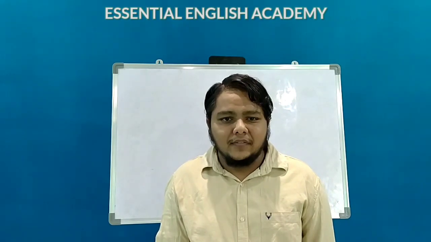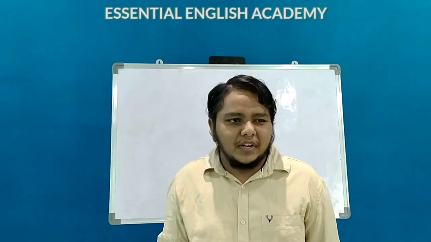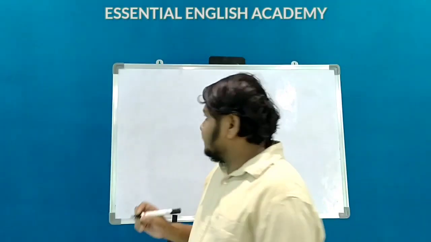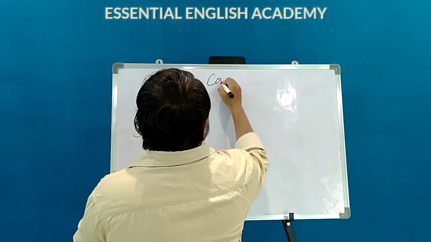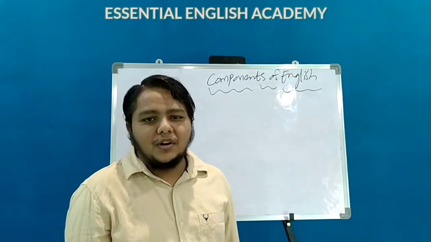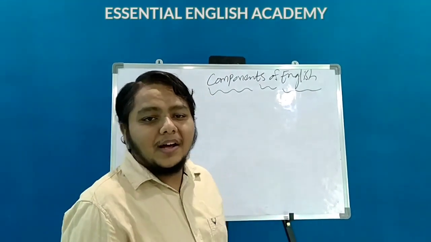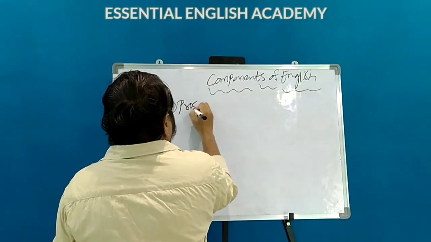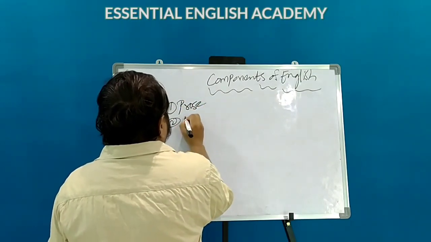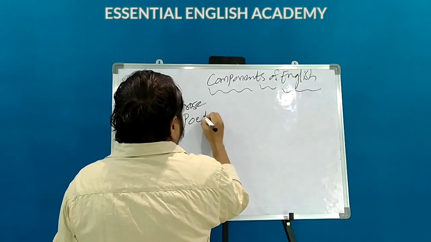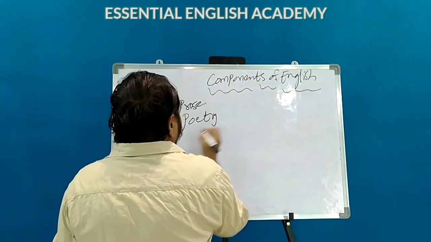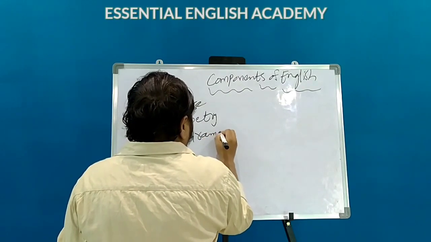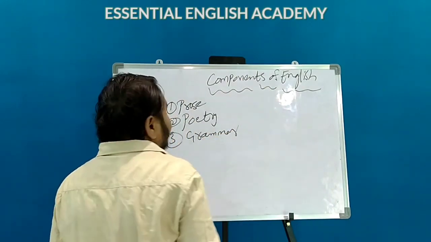Okay. Now we'll move on to the next topic, that is, the components of the English language. There are 3 components of the English language. We call them prose, poetry, and grammar.